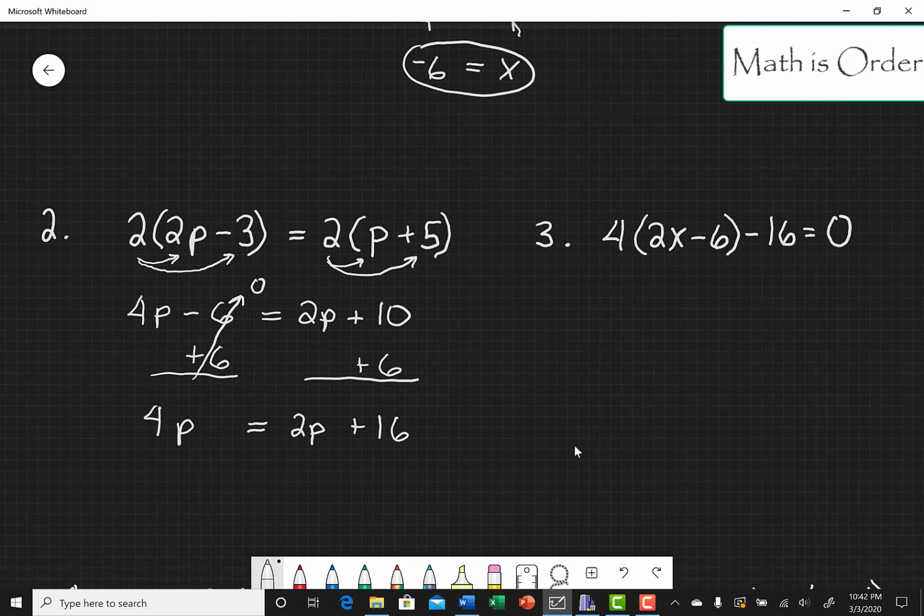So we're going to go ahead now and subtract 2p on both sides of the equal sign, because by doing that, we'll have the p terms on one side of the equation and the non-p terms on the opposite side of the equal sign.